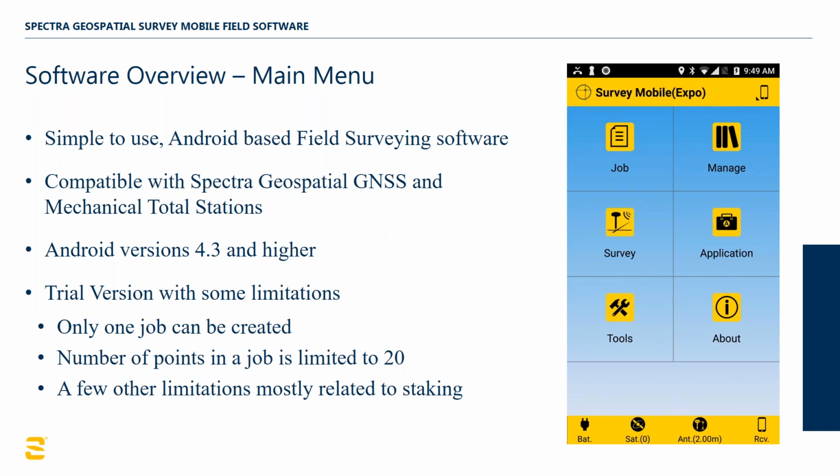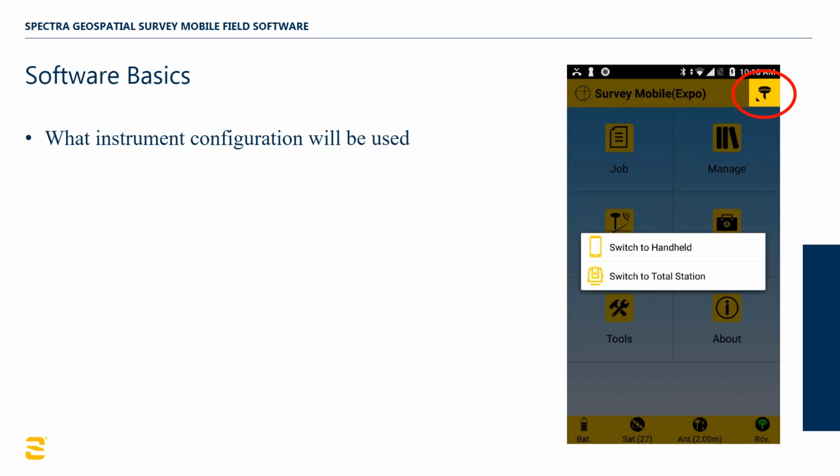This is primarily, in my mind, a GNSS data collection tool, but it does support our Nikon and Focus mechanical total stations. At the highest level of the software, up in the upper right-hand corner, we decide whether we're going to use the internal GPS of the device, a total station, or GNSS.